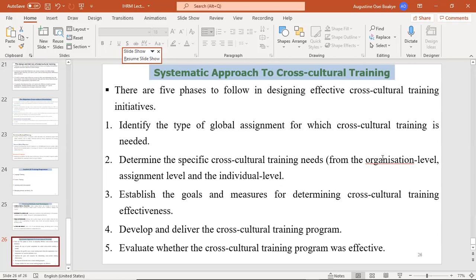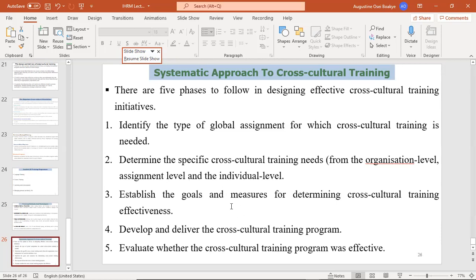So the organizational level, assignments level, and the individual level. Assignment level will be the task level or the task assessments. The information you gain from there will help you to set the parameters for the goals or the standards that are supposed to be achieved, and the measures to determine whether those standards have been appropriately achieved.